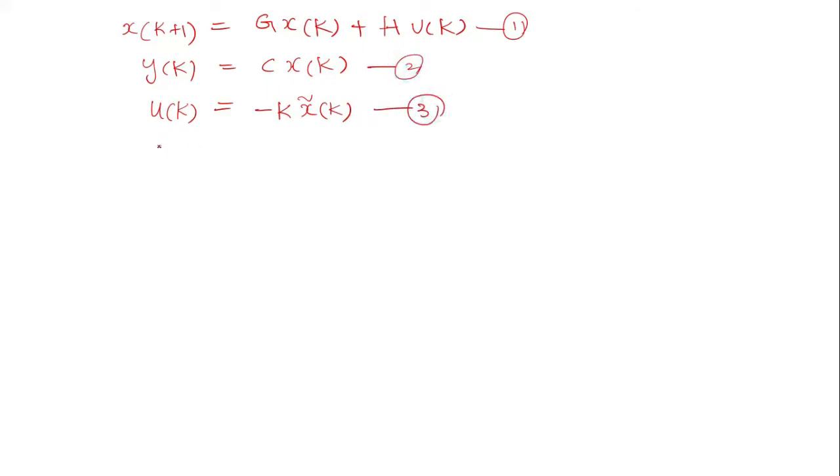And if you substitute equation number 3 in equation number 1, you will find that x of k plus 1 is equal to G x of k plus H into minus K x tilde of k. So that you can simply write as minus HK x tilde of k.